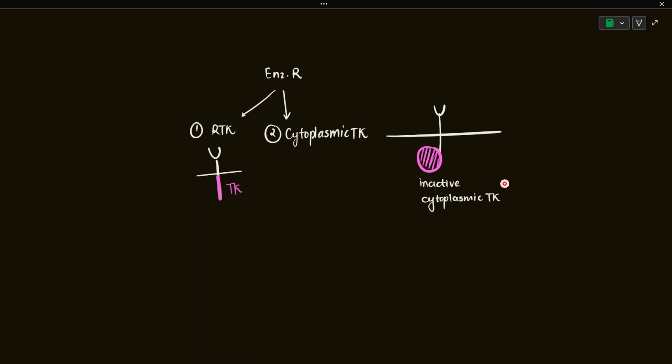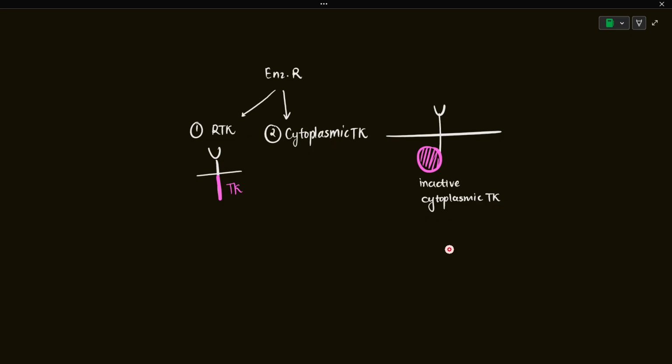The inactive cytoplasmic tyrosine kinases which can be coupled with those receptors could belong to the SRC family. They could also belong to the integrin family, and some other families. There are some other kinases such as JAK, Janus kinases, and some of them that we'll be discussing in other lectures. So the point of discussion for today is the JAK-STAT signaling.